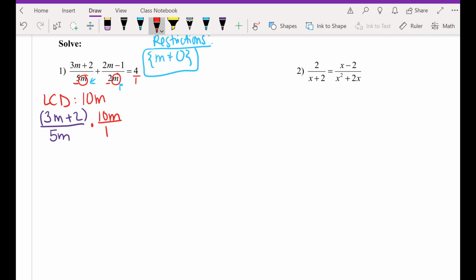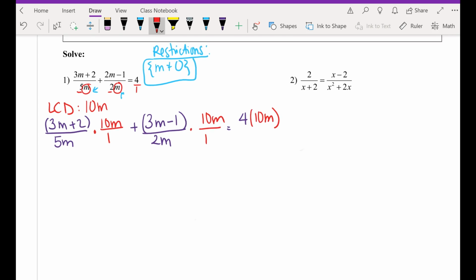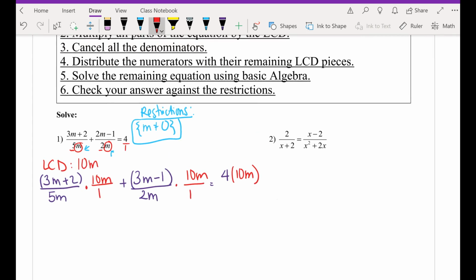You don't have to write it over 1, but some of you see it better when I write it over 1. This is over 2m, just copying down the original, and multiply by 10m. Again, you can leave 10m as 10m, or write 10m over 1, equals my 4, times the lowest common denominator 10m. So that's the next step: multiply each and every term by the lowest common denominator.